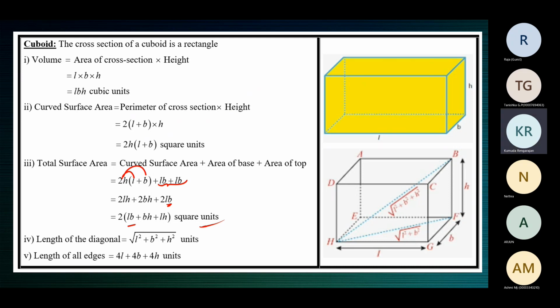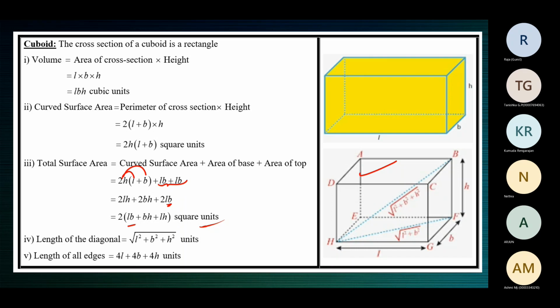Then the length of the diagonal. You can see there again by using Pythagoras theorem. Netra, tell me which triangle? In this figure, in which triangle do we apply Pythagoras theorem? ABS.